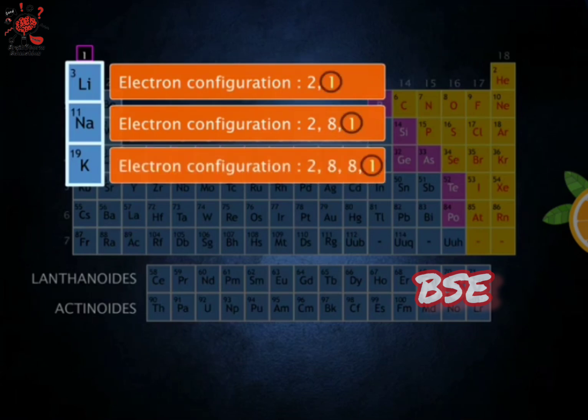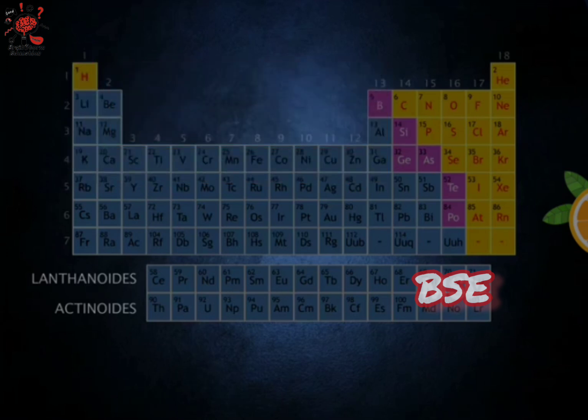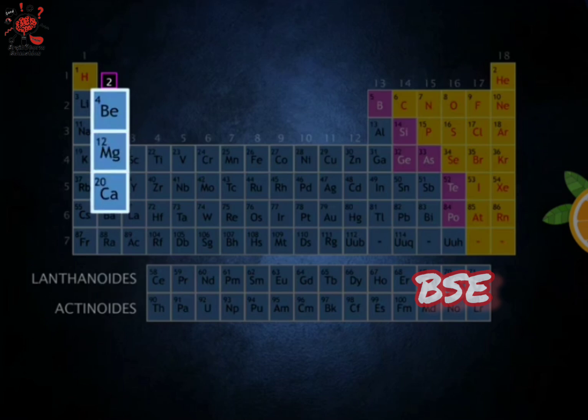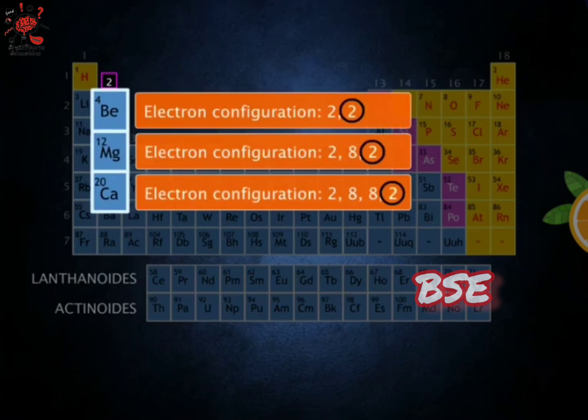All elements in group 1 have 1 valence electron. Shall we see if the elements of group 2 share a similar property? Let's look at the electronic configurations of beryllium, magnesium, and calcium. These elements each have 2 valence electrons.